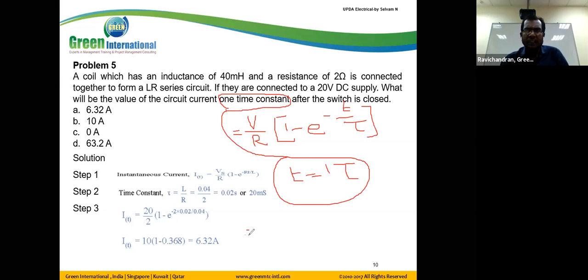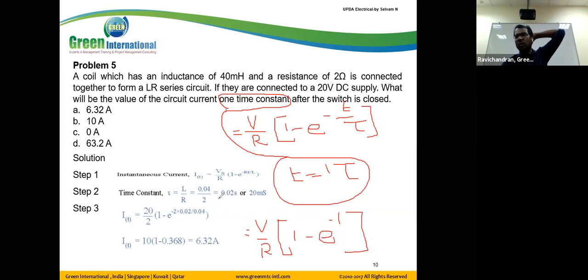So that is equal to V by R into 1 minus e to the power of minus 1. So without finding L by R, we can also solve the problem like this. So the answer is 6.32 amps. Once again, for this problem we use the system calculator.